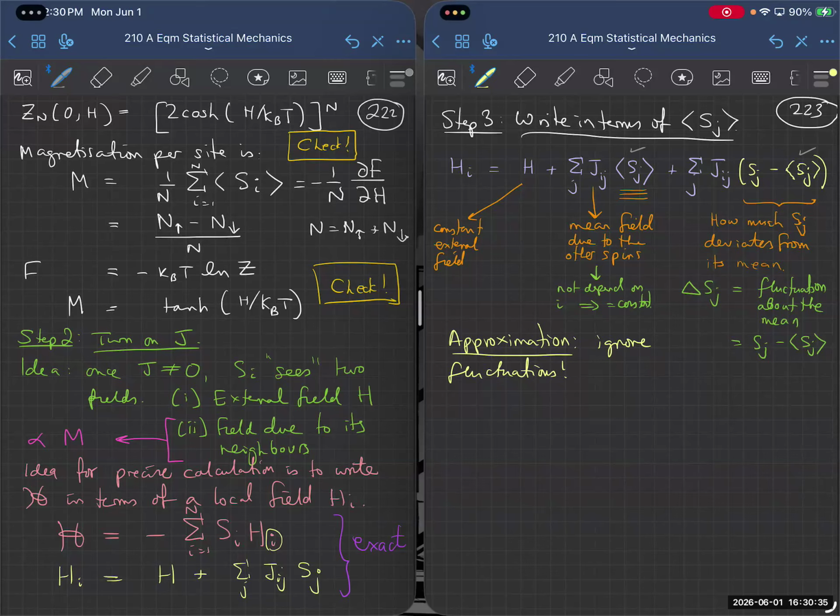And later, we're not going to do this in this course, but later it can be shown what is the regime where this approximation is appropriate.